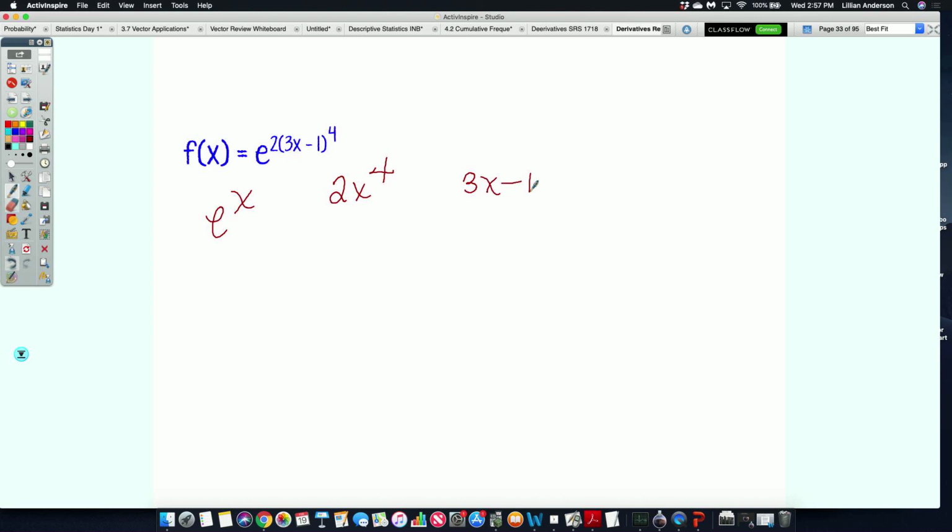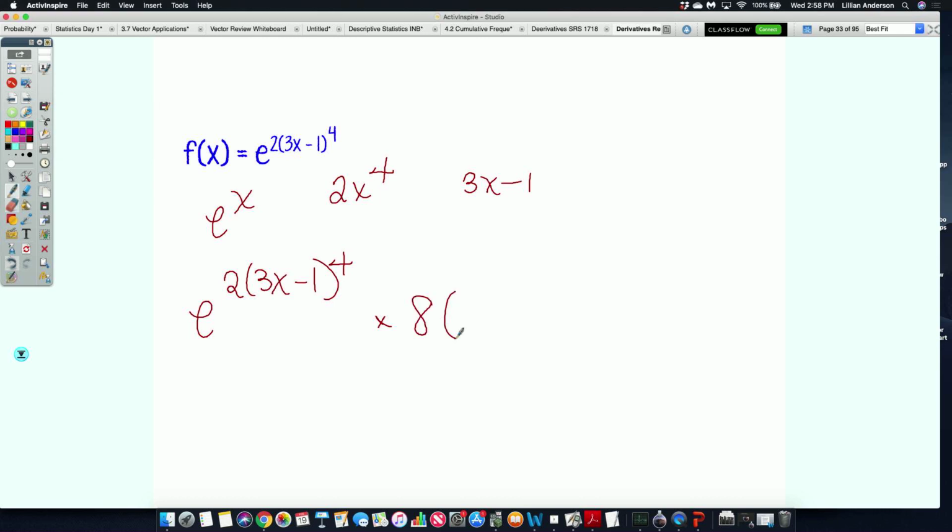So you take the derivative of the outside with respect to the inside. What's the derivative of e to the x? Yes, but you don't write x, you write the entire exponent. Then you have to take the derivative of the inside. What's the derivative of 2x to the 4th? 8x to the third.